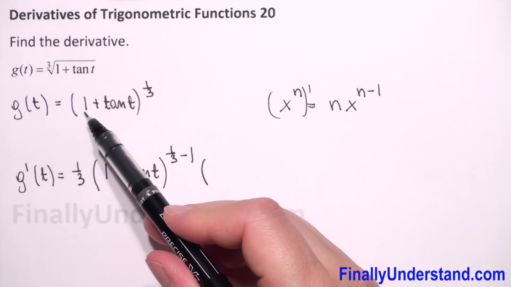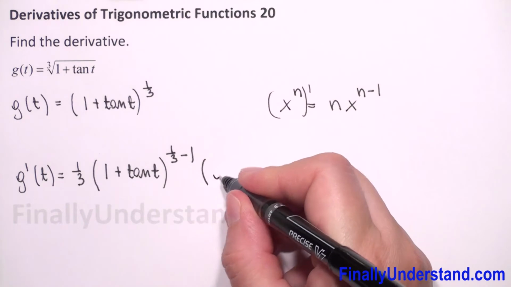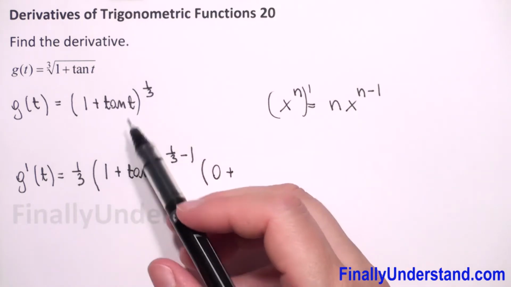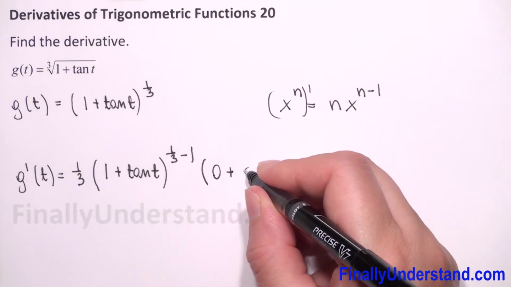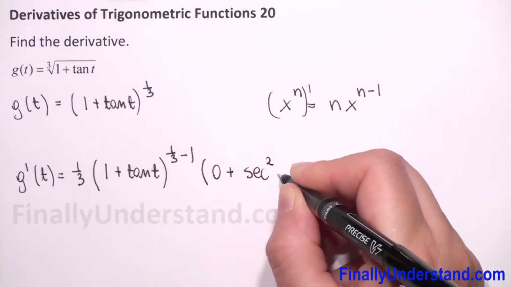So the derivative of 1 is 0, plus the derivative of tangent is secant square of t.